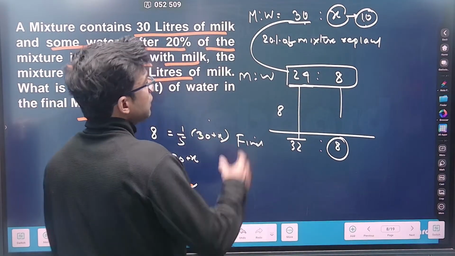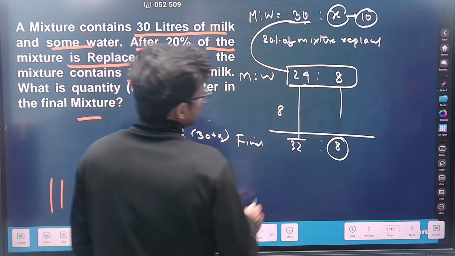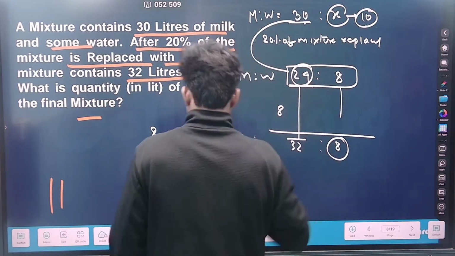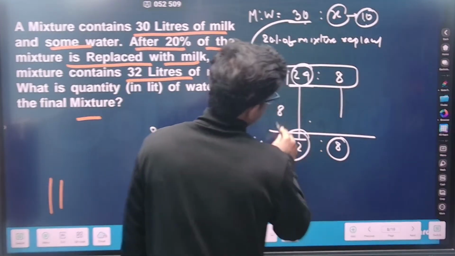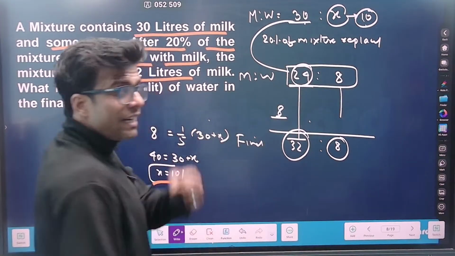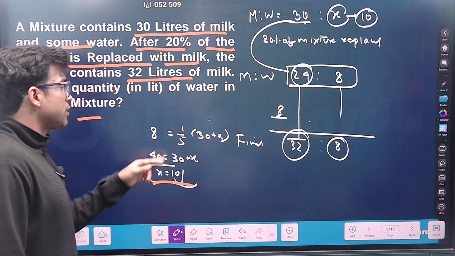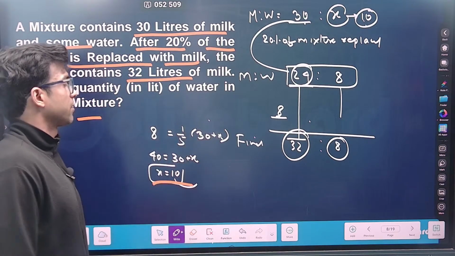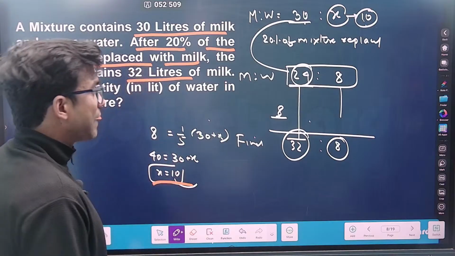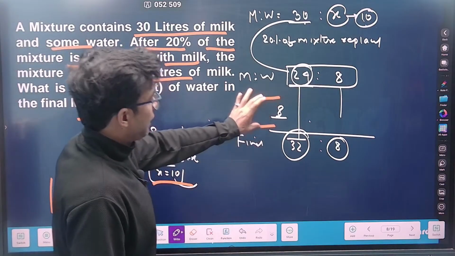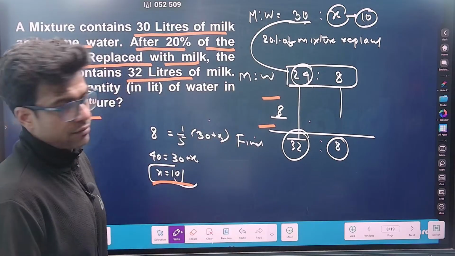It means when the replacement is done, the size of the milk is increased by 8. Correct? Why does it get increased by 8? Because 20% of the whole mixture is replaced, so exactly there is an increment of 8.